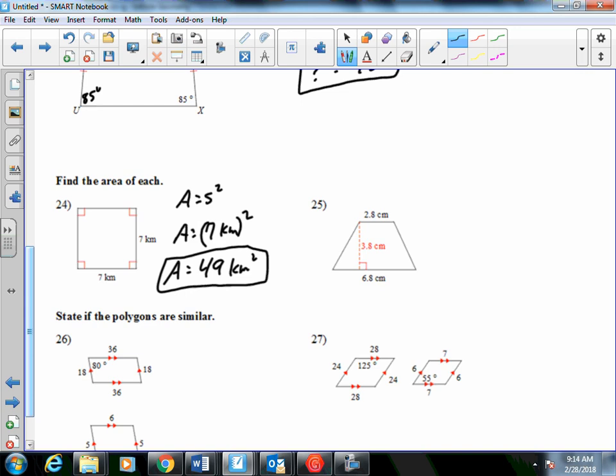25, we have a trapezoid. Area of a trapezoid is equal to 1/2 the height times the sum of the bases.